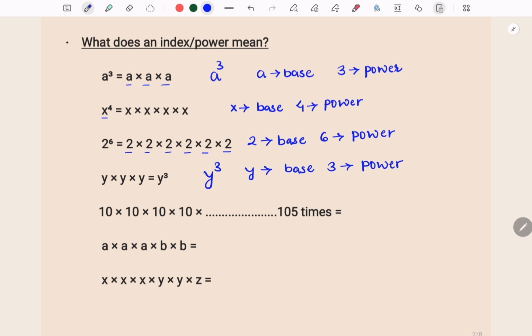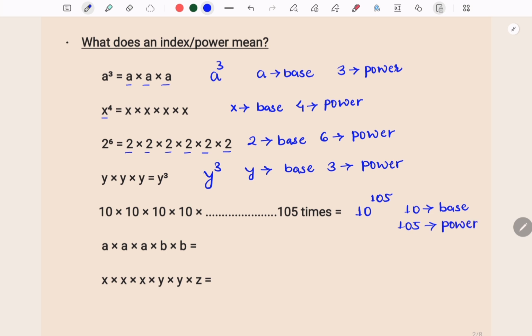In the next example, we have 10 multiplied by 10 multiplied by 10, 105 times. Can you guess what will be the answer? It will be 10 raised to the power 105. Here 10 is our base and 105 will be the power.